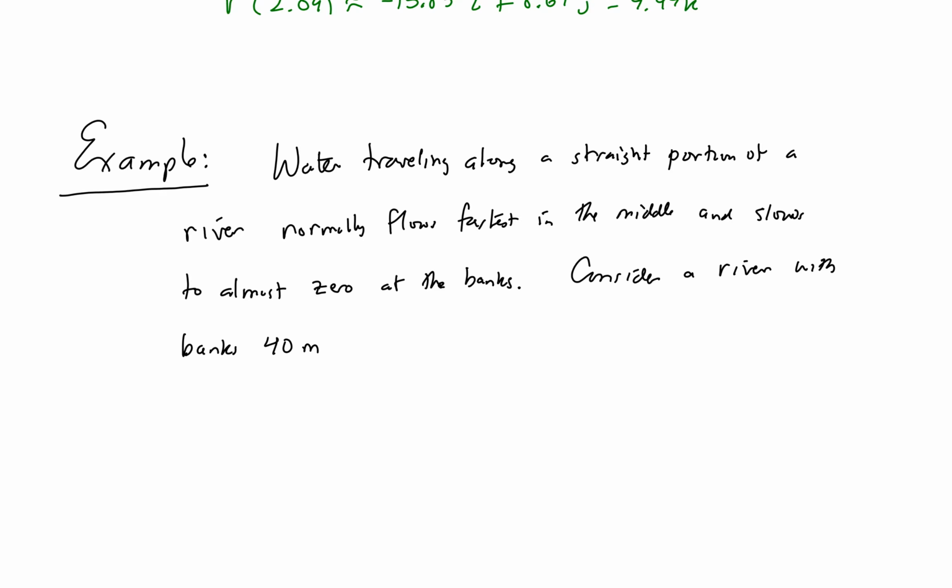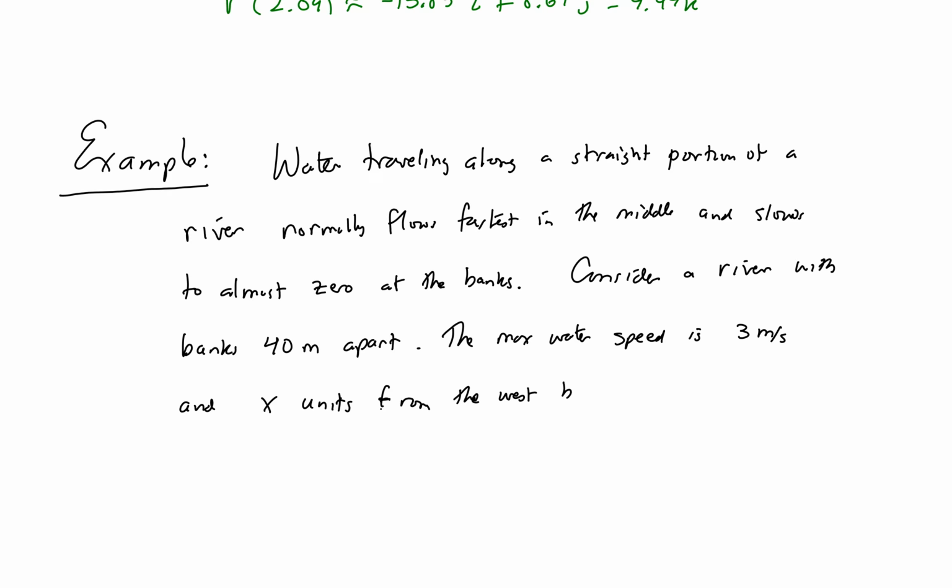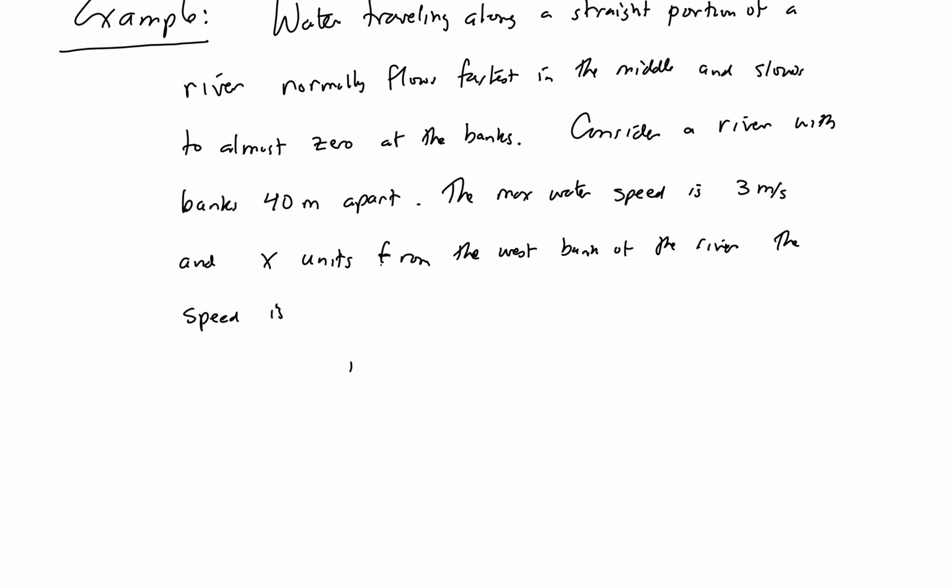The max water speed is 3 meters per second, and x units from the west bank of the river, the speed is, we'll just say f of x here.